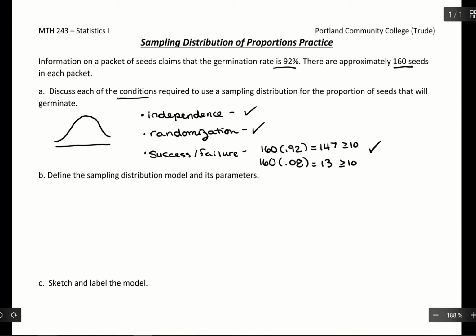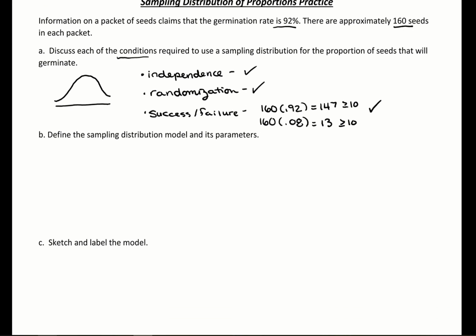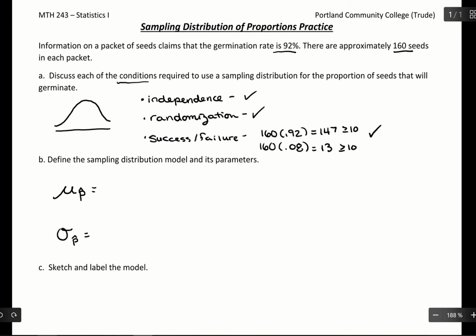Defining the sampling distribution, what we're going to need is our mean for our sample proportions and our standard deviation for our sample proportions. What's given to us, that 92%, is our population proportion. It's what we expect to come through. And we have our sample size of 160. So for the mean, you just copy down that population proportion.